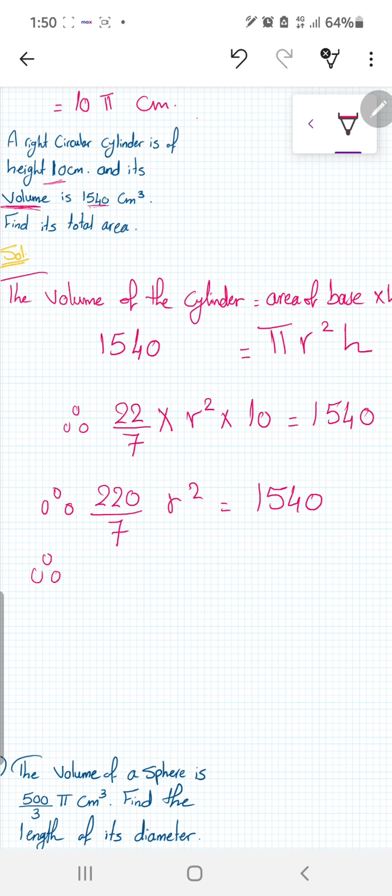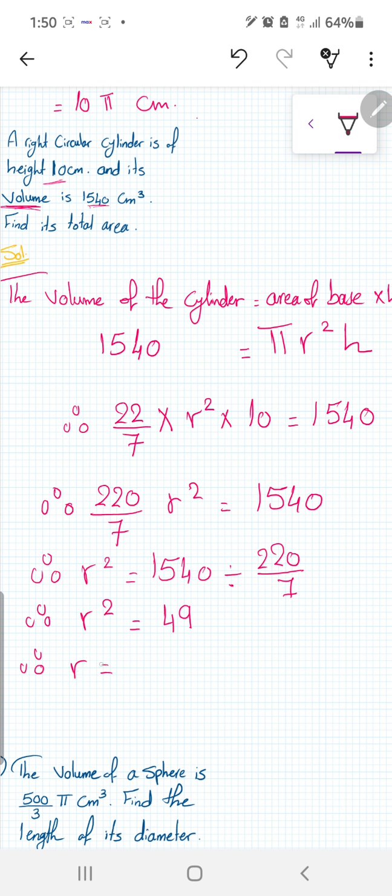So r squared equals 1540 divided by 220/7. Using your calculator, r squared equals 49. Okay, we want to get r, so take the positive square root of 49, which is 7 centimeter.